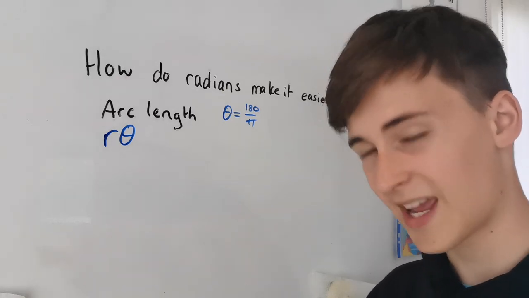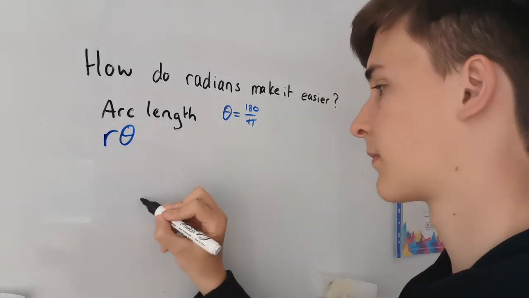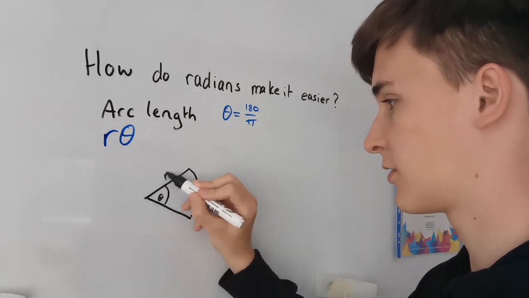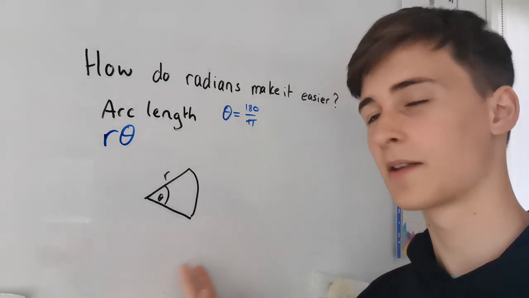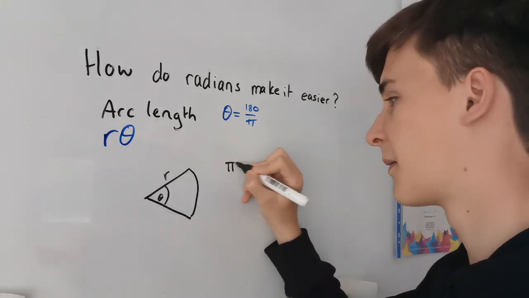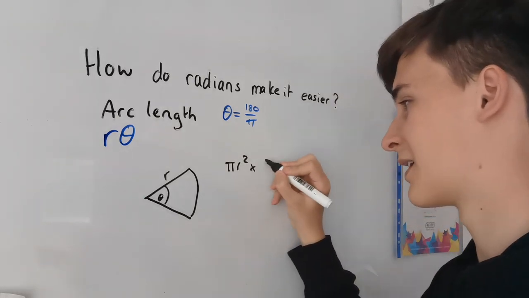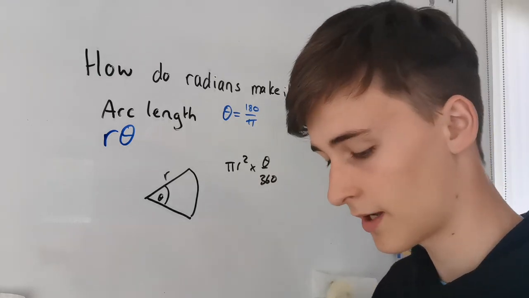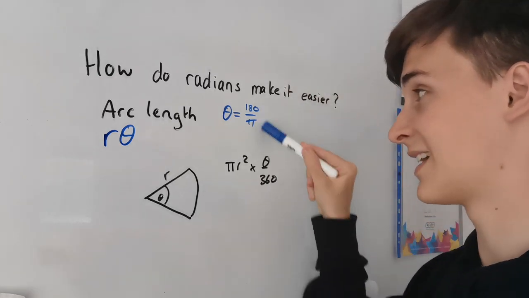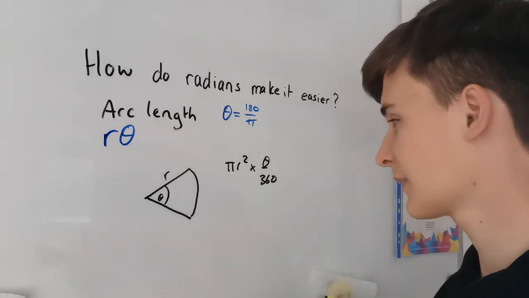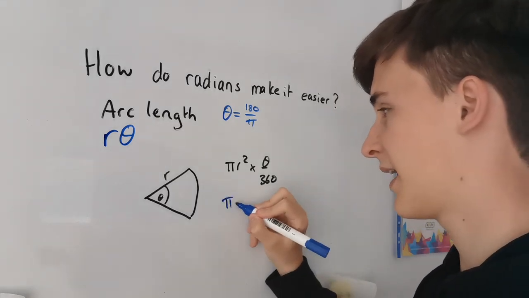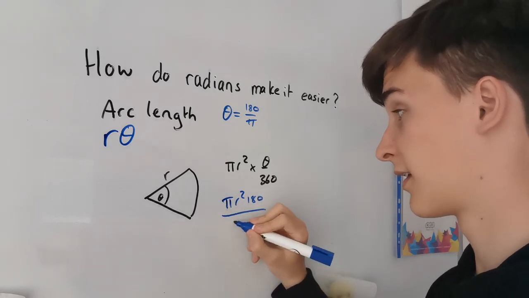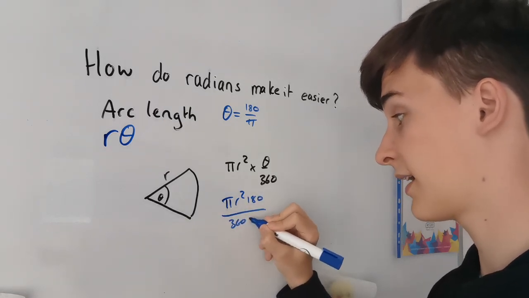Okay, what about another one? What about the area of a sector? Here's the sector, there's the number of degrees, there's the radius. What is the area of that? Well, pi r squared multiplied by theta out of 360. What a long, complicated formula. If we use the fact that theta equals 180 over pi, we have pi r squared times 180 over 360 pi.